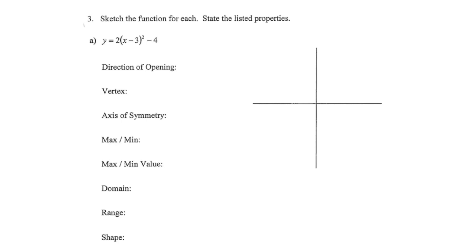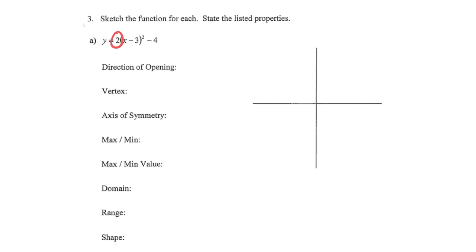Okay, we're back. So, the first thing that I might highlight is that 2 out in front. We have spent some time examining what multiplying outside our function does, and we recognize that that is a vertical stretch by a factor of 2. Well, if I vertically stretch my parabola by a factor of 2, I am doubling everything vertically.